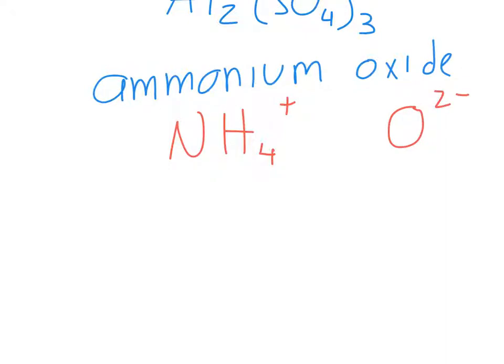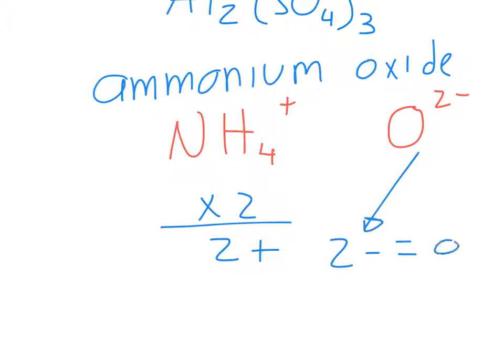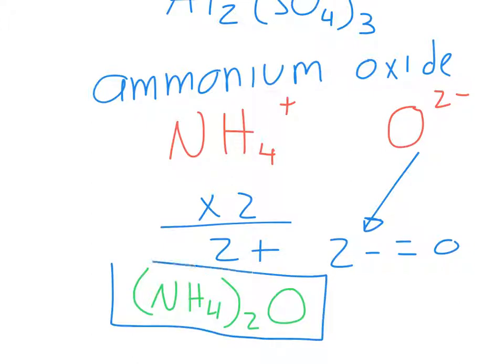Okay, so now if you want them together, you will have to multiply the ammonium by 2, because you have only one positive charge. Now you will have 2 positive charges with the 2 negative charges of the oxide ion, so it will have a net charge of 0. So in the formula, you have 2 ammoniums with 1 oxide, okay, and that's how you will have the ammonium oxide.